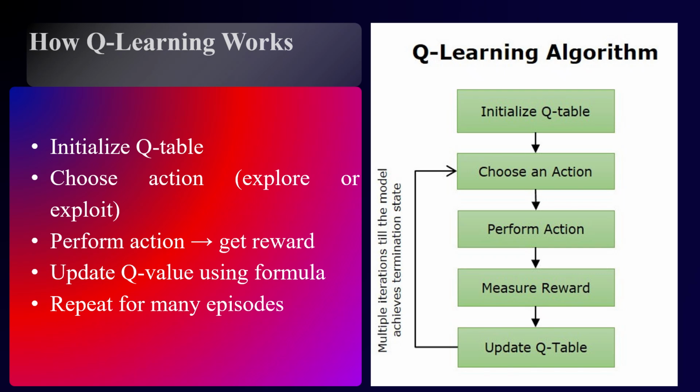It can either explore something new or exploit what it already knows. Next, the agent performs the action and gets a reward from the environment. After that, it updates the Q value using a formula so it learns from what just happened. This process repeats many times, so the agent improves with experience.